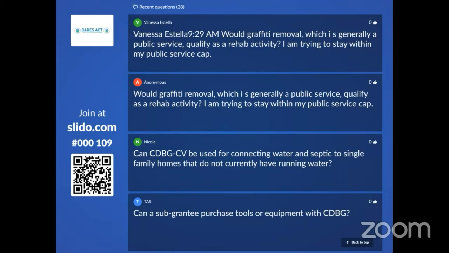Even though painting is considered rehab, usually graffiti removal is probably washing it away or using a special cleaner to remove the graffiti. Generally, that's not rehab.